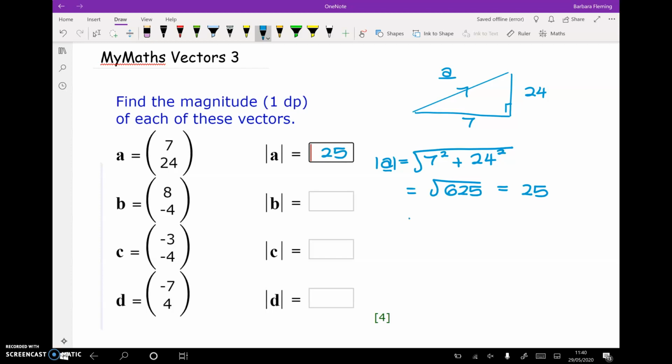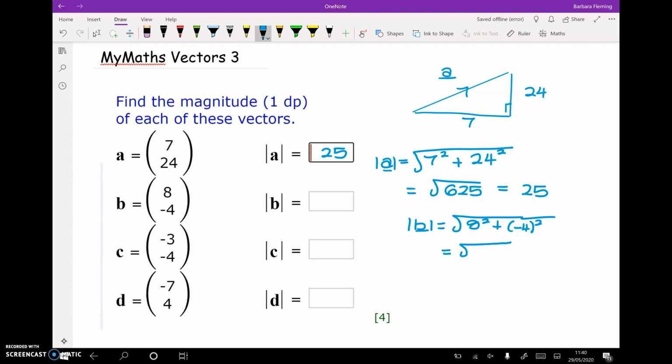Okay, magnitude of our vector B then. It's going to be the square root of 8 squared plus, don't worry about the negative, any negative number squared becomes positive, so just write that in your bracket. Any negative number squared you should always write in a bracket. So negative 4 squared. Again, you could type the whole thing into your calculator or do it in stages.